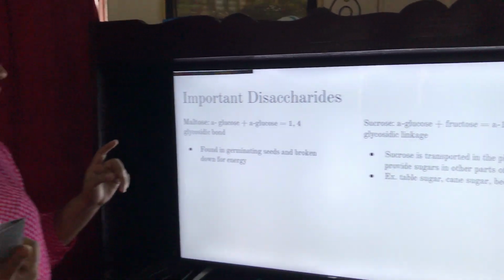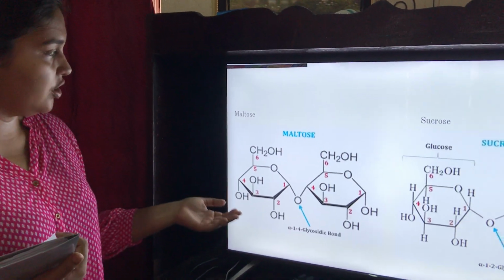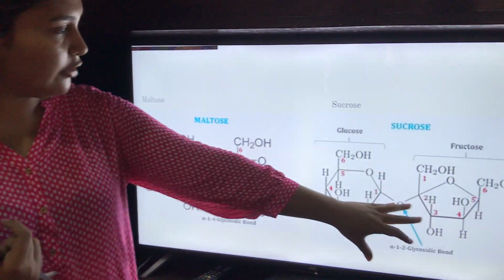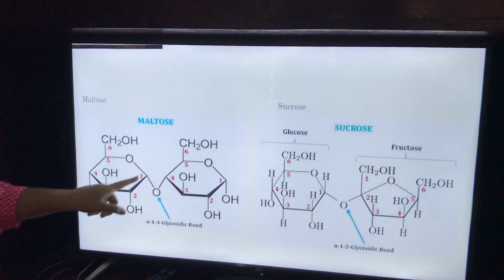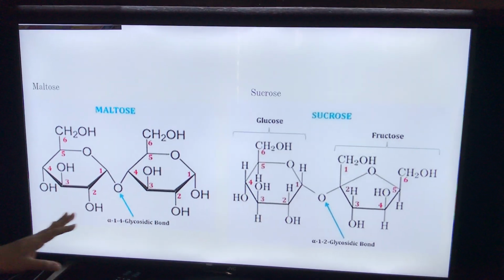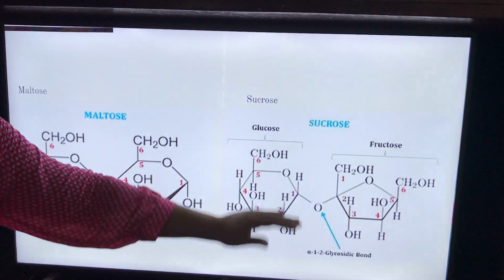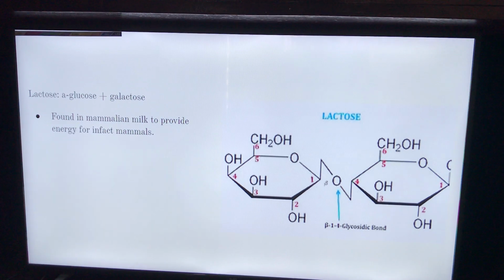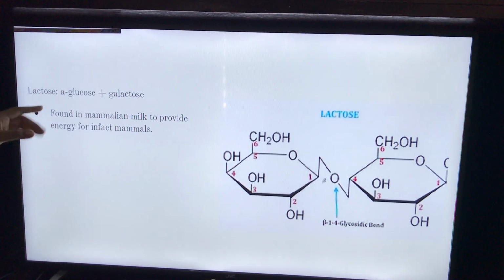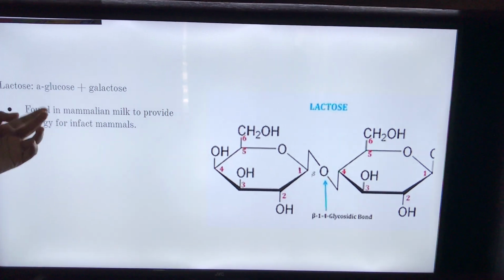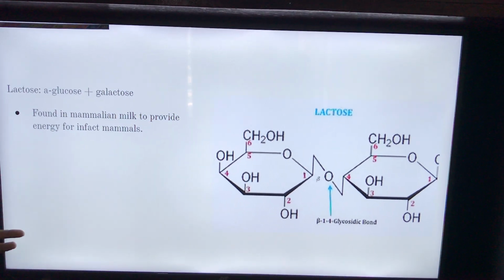Next slide. So here I just have pictures of the ring structure for maltose and the ring structure for sucrose. This right here is the glycosidic bond, and this is the glycosidic bond. Now, these are just the individual monosaccharides, which are a glucose and a fructose. And then the last one is lactose, which is alpha glucose plus galactose. And lactose is found in mammalian milk to provide energy for infant mammals.